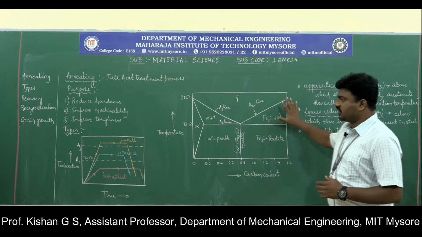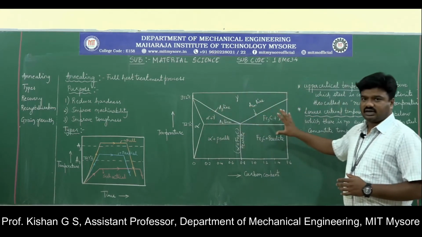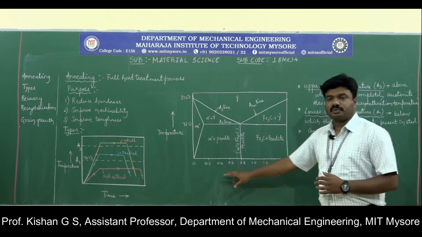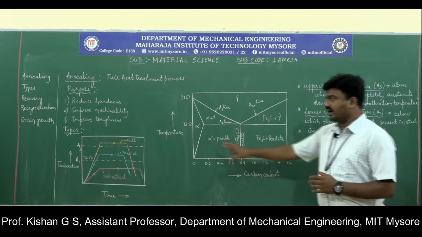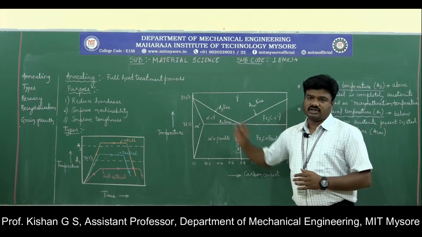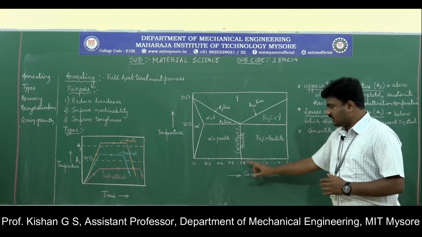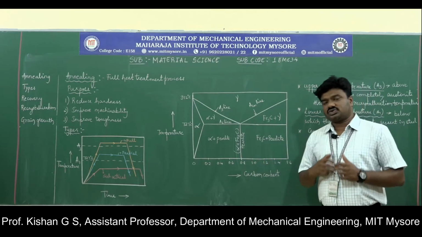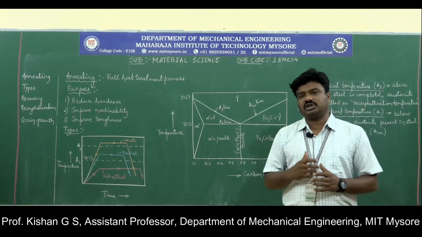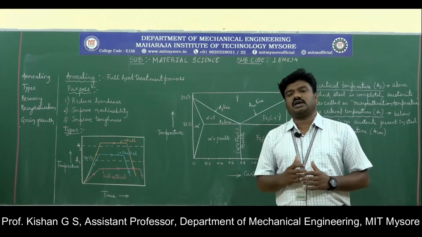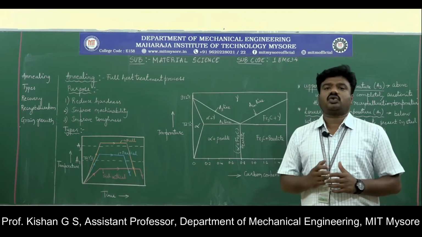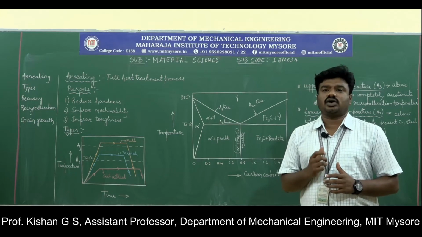You can observe this in the phase diagram. Along the x-axis it is the percentage of carbon, along the y-axis it is the temperature in degrees Celsius. Here you can observe 0.8 percent carbon. If you recall the phase composition, if the percentage of carbon is 0.8, you say it is the eutectoid composition.